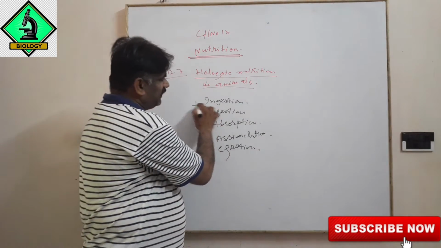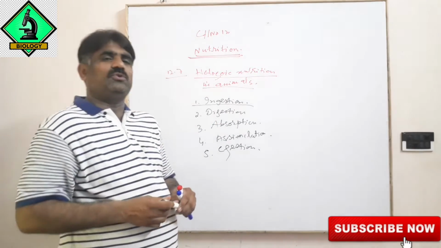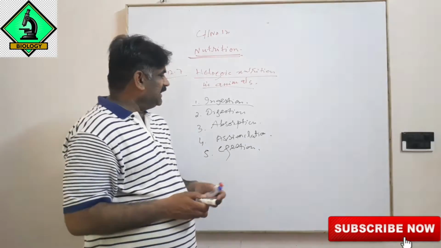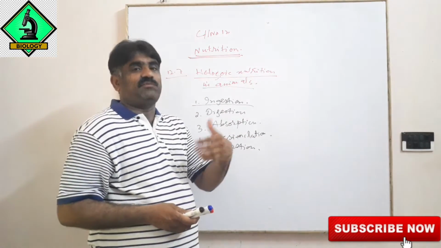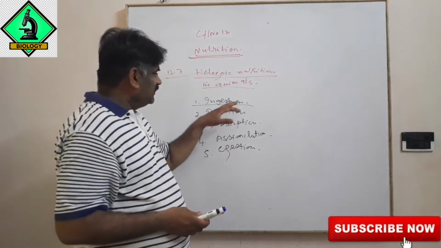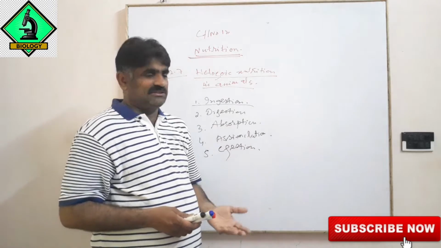If you see the first step, ingestion, all animals, protozoa to metazoa, need food from external sources, that is from the environment, either eating plants or eating other animals.